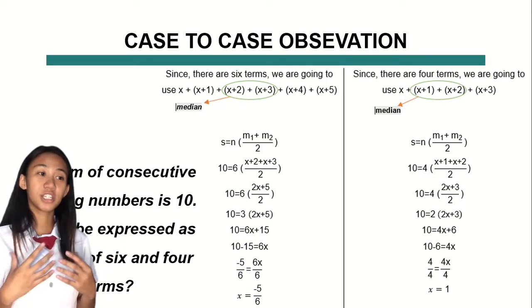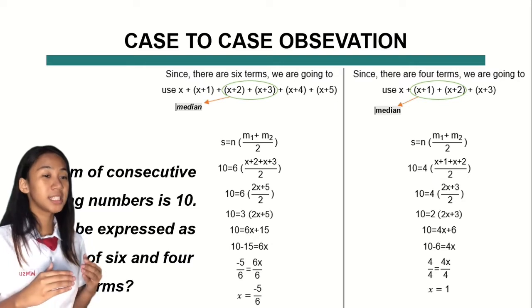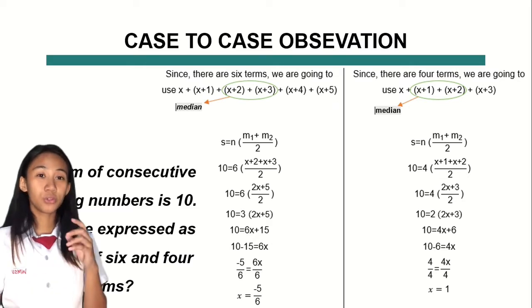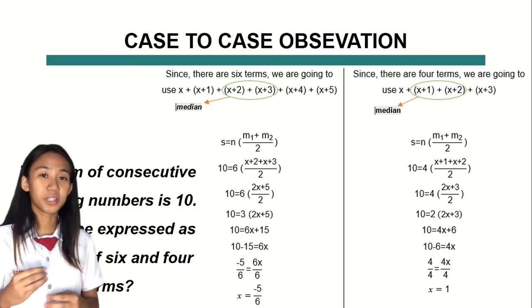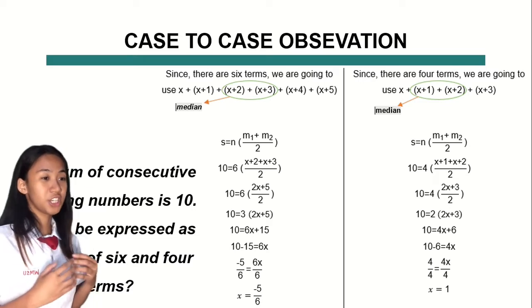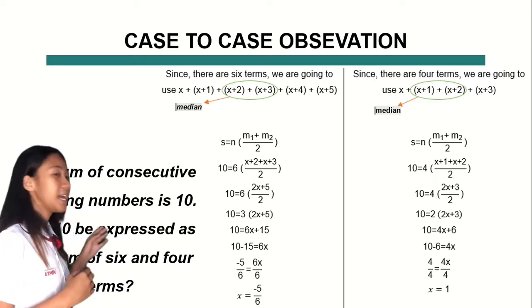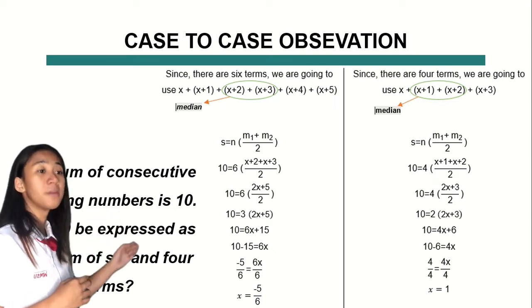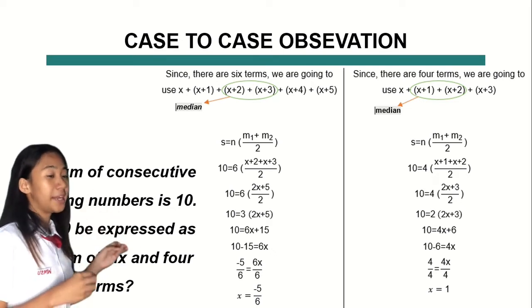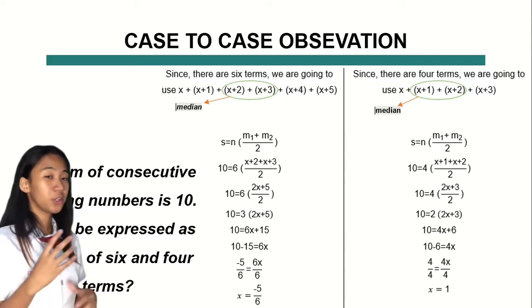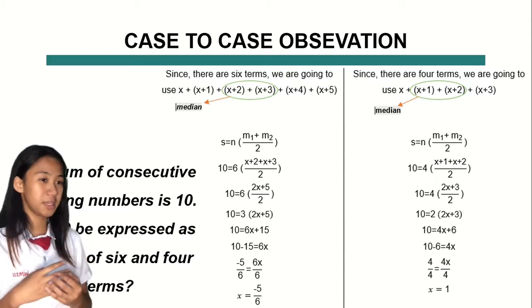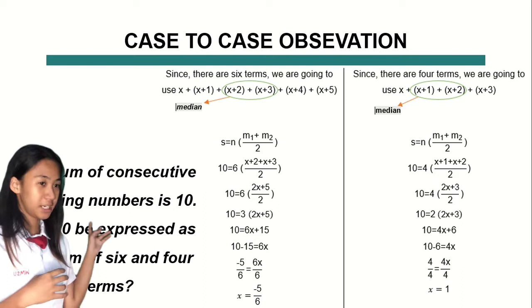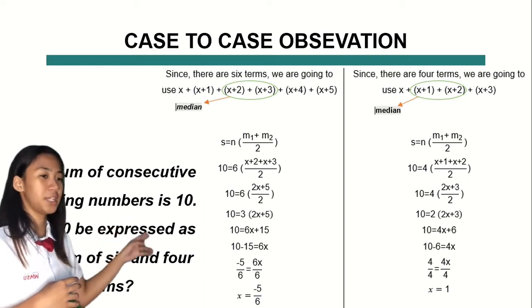Since there are 6 terms, we are going to use x. We are going to solve first for the 6 terms. We are going to use x plus 1 plus x plus 2 plus x plus 3 plus x plus 4 plus x plus 5. We obtain the median, which is the first and second median, x plus 2 and x plus 3.